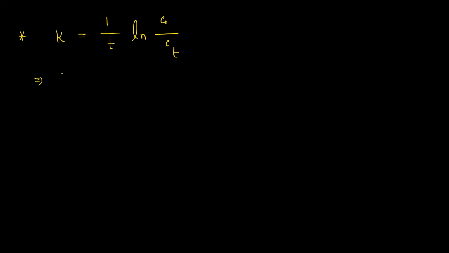We can also write K is equal to 2.303 divided by T log C naught upon Ct.